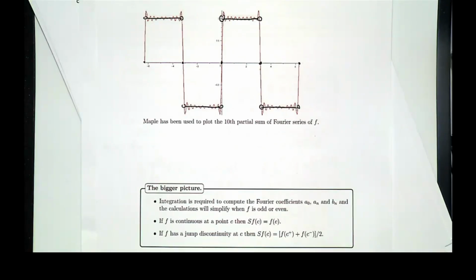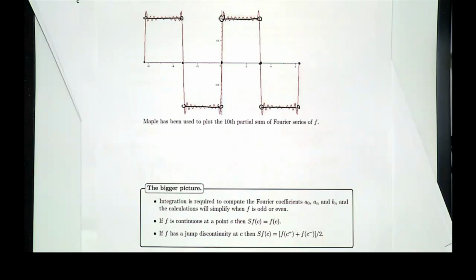Now, the second part has to do with continuity. If S is continuous at a point, then the Fourier series value at that point is equal to the original function. Let me say that again, because you're going to use that at some point, right? If you have a continuous curve to start with, then the Fourier series and the curve are exactly the same.